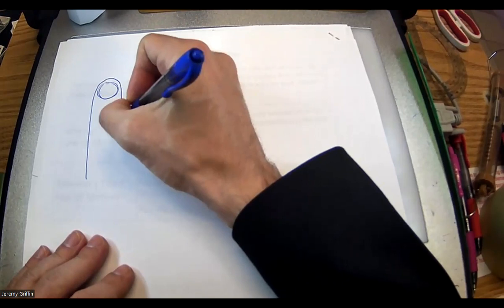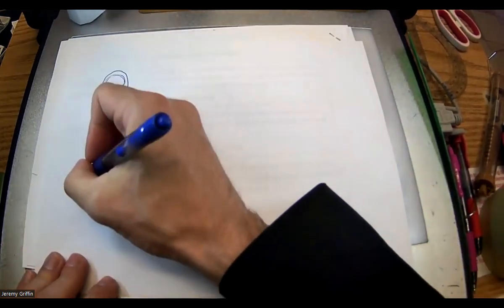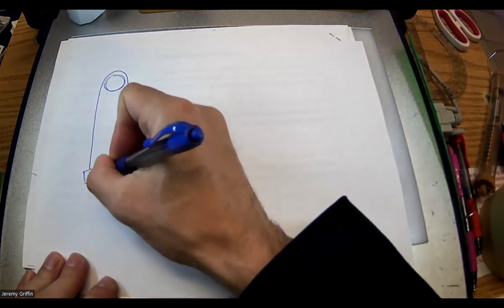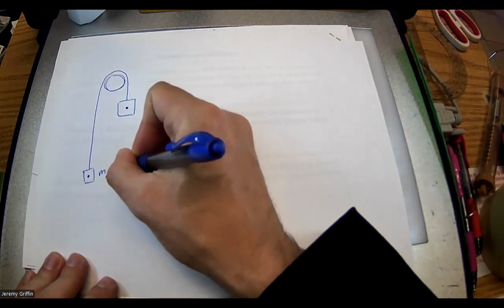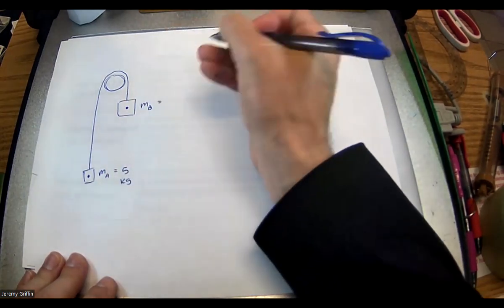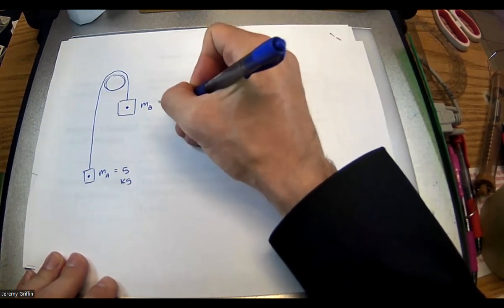Okay. So let's say I have a couple of masses slung over a massless, frictionless pulley. Let's say the little mass is 5 kilograms, and the big mass is 19 kilograms. Just pick some crazy numbers.